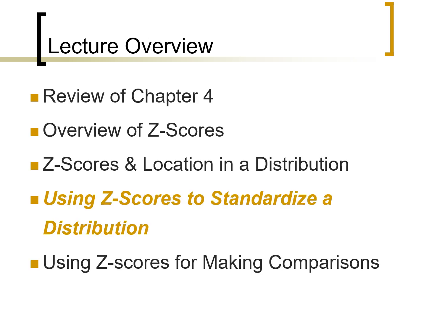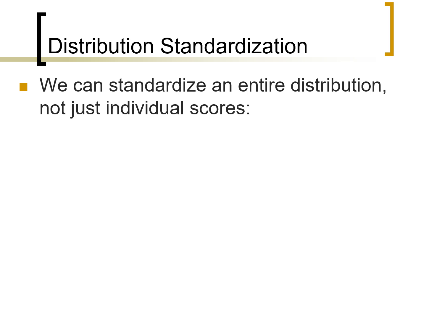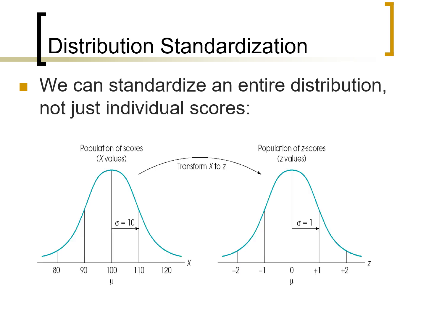And finally, let's think about a little bit larger scale picture of what we're actually doing when we standardize a set of scores onto a z distribution. So instead of just individual scores, we can standardize the entire set of scores.